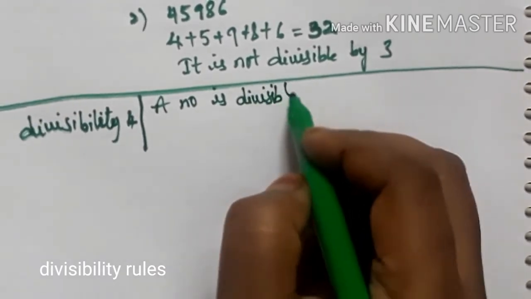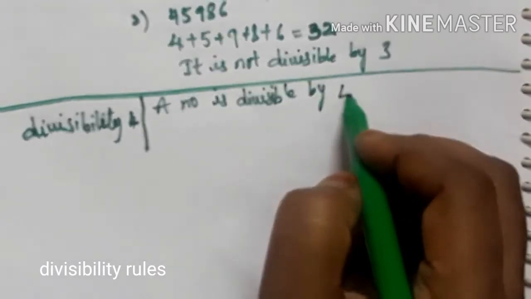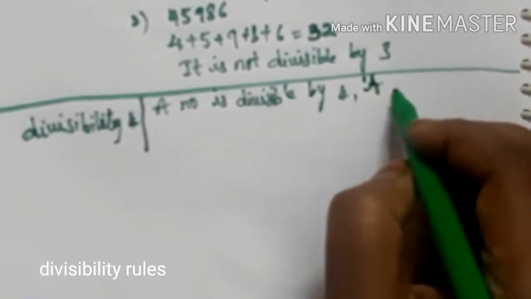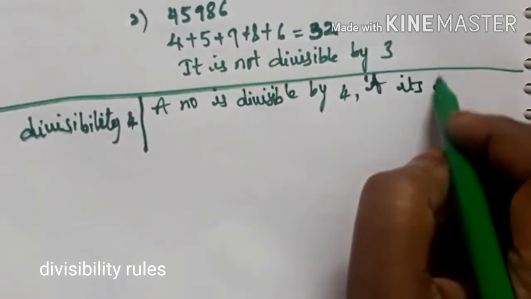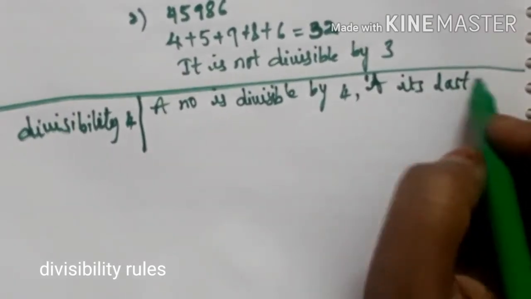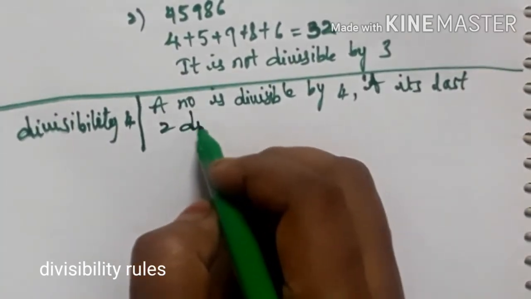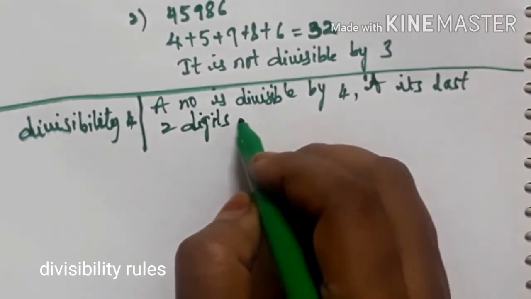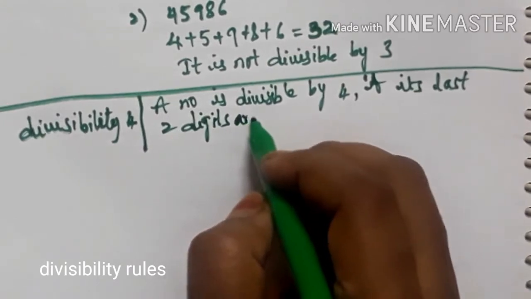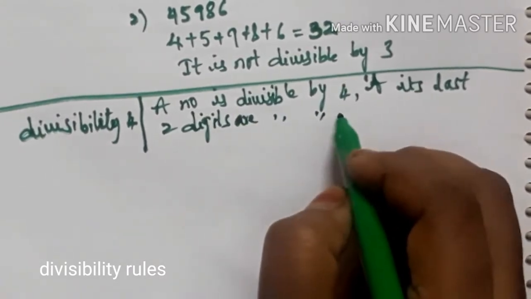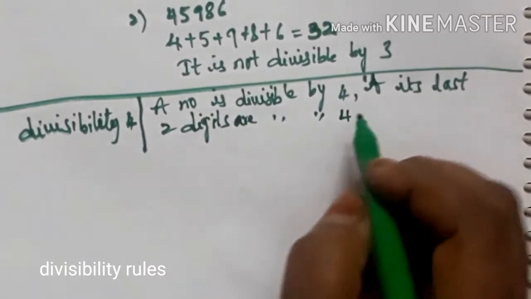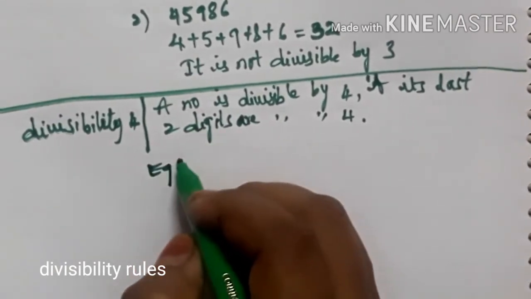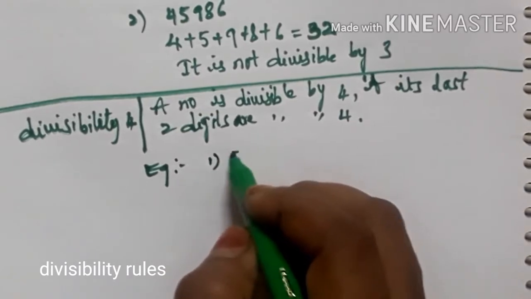That means in a given number you need to take out the last two digits, that is the ones and tens place values, and perform the actual division. If you get remainder 0, then it will be divisible by 4, otherwise it won't be divisible by 4. Let us take an example.